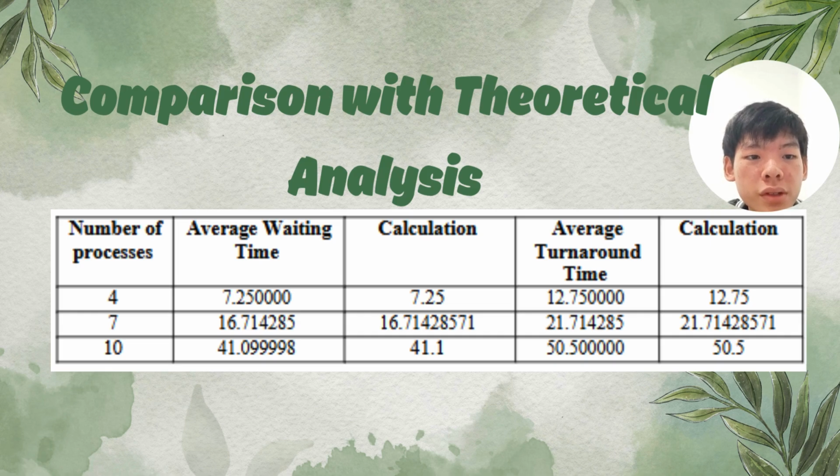For 10 processes, the AWT is 41.099998, and the calculation is 41.1. The ATT is 50.5, and the calculation is 50.5 also. So we found that the result from the actual test and the calculation is almost the same, with only a small difference in the decimal part.